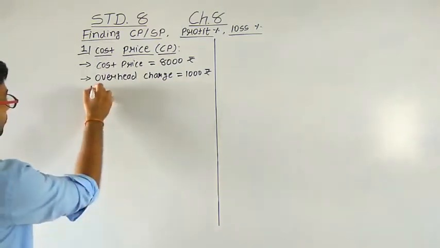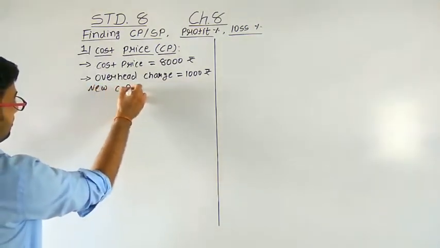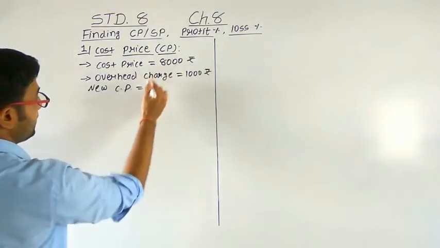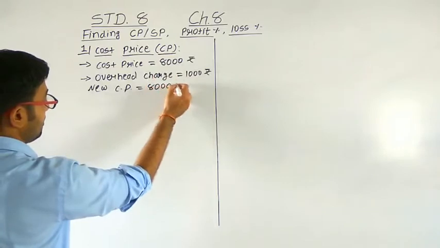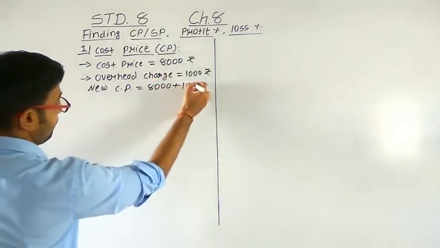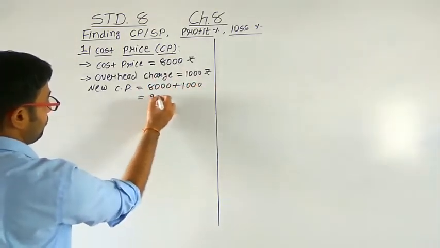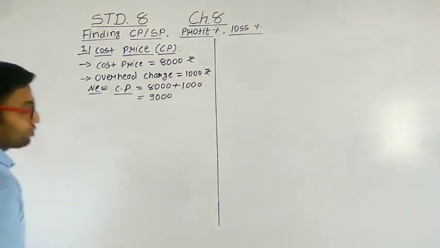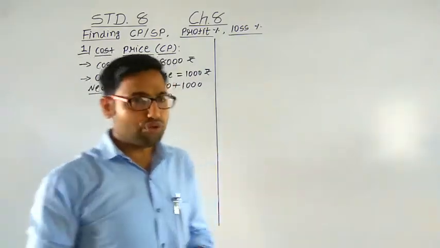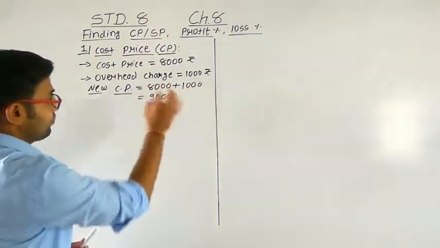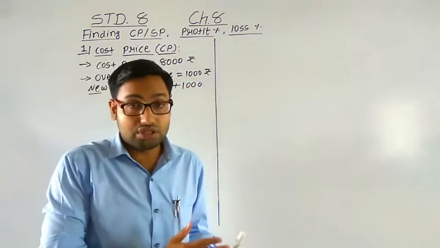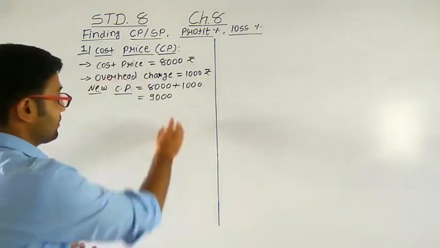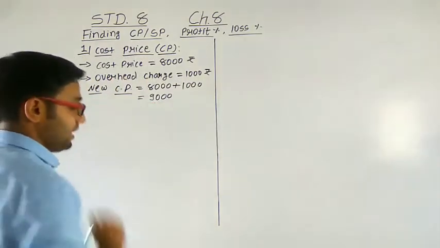Your new cost price will be 8,000 plus the overhead charge of 1,000, so the new price will be 9,000, and that will be your new cost price. Why? Because you paid an overhead charge of 1,000 rupees to repair it, since it had some fault. So now the new cost price will be 9,000.